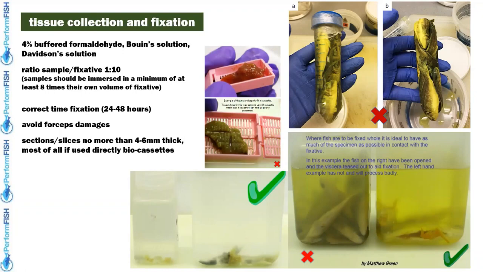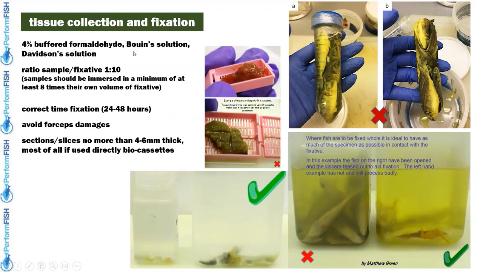This procedure stops cell autolysis, thus preserving the morphology of the tissue and organ under study over time. It's possible to use different fixative solutions, like formalin or Davidson's solution.